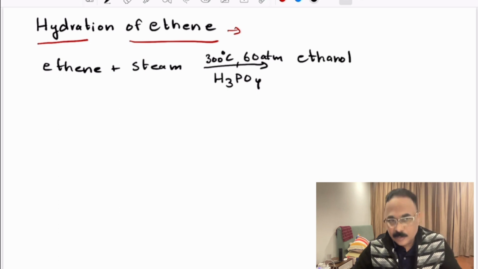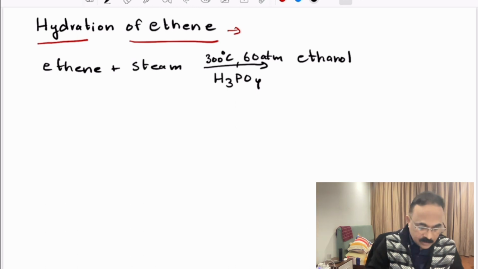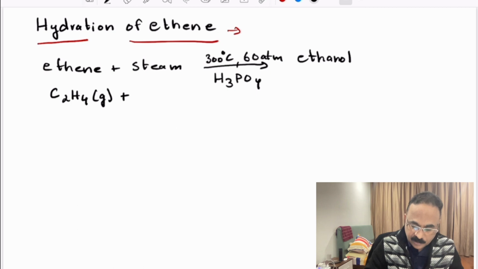Let's write down the equation underneath it. So ethene, we all know, C2H4. Ethene is a gas, so we can write gas, plus water vapor, that is steam. So we can write H2O, but in the bracket we can put gas because it's steam.